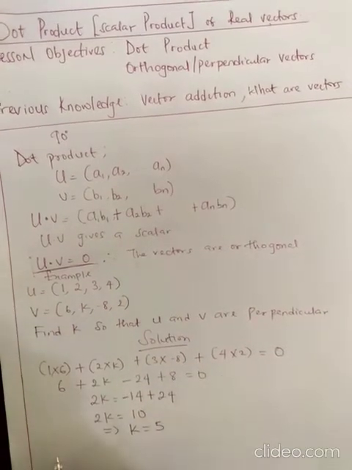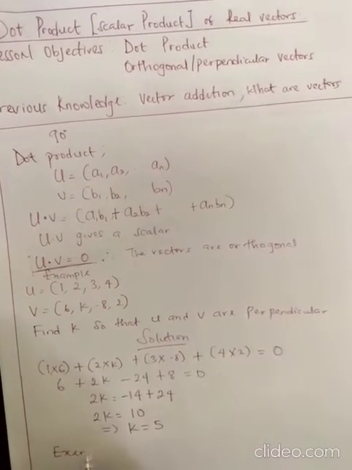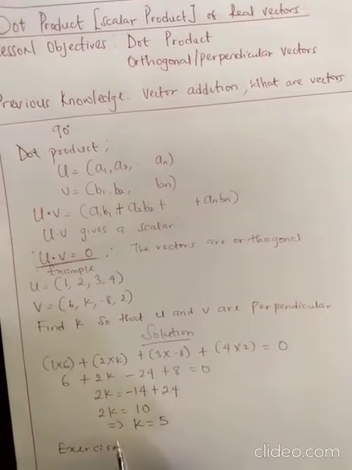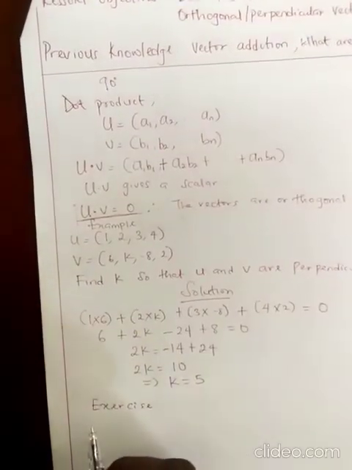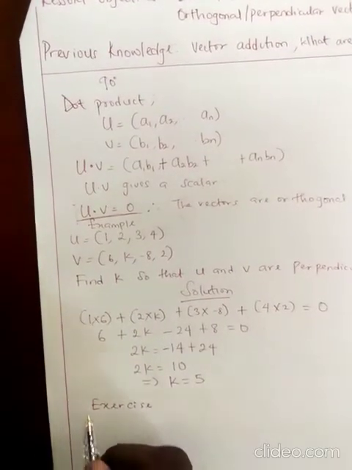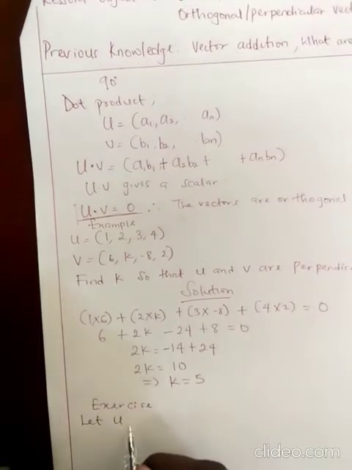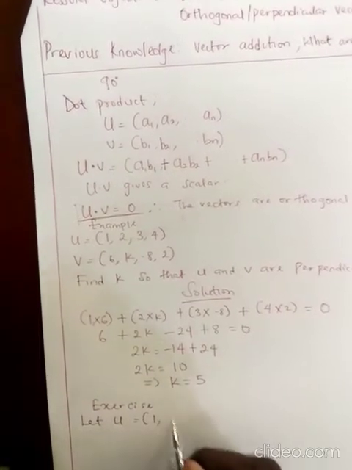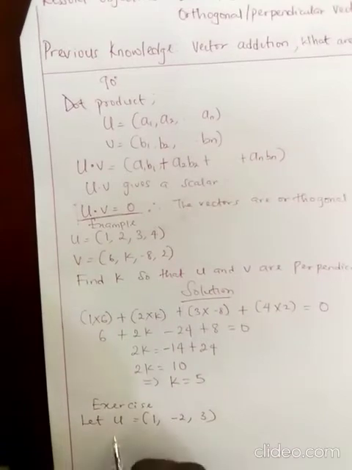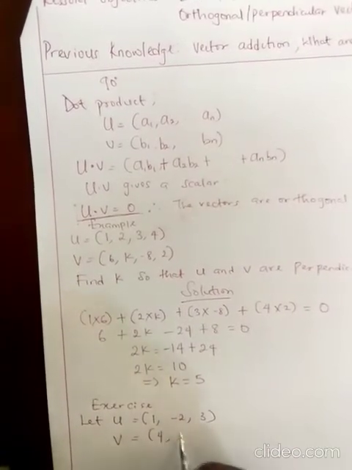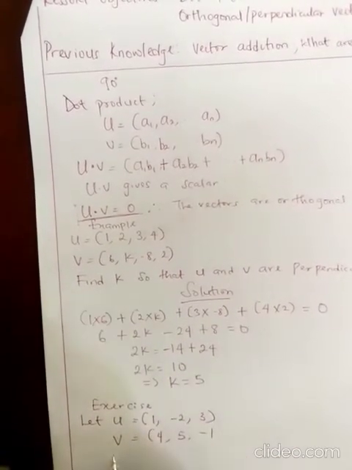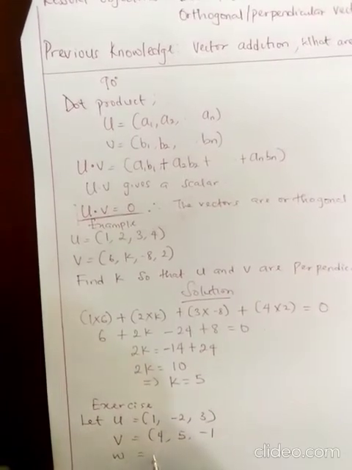I want to leave an exercise for you, and I'd like you to comment your answer in the comment section. Let u equal 1, minus 2, and 3. Let v equal 4, 5, minus 1, and let w equal 2, 7, and 4.